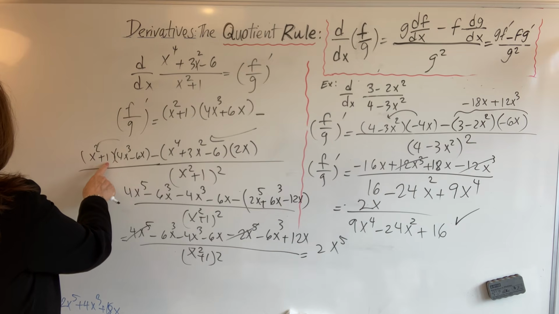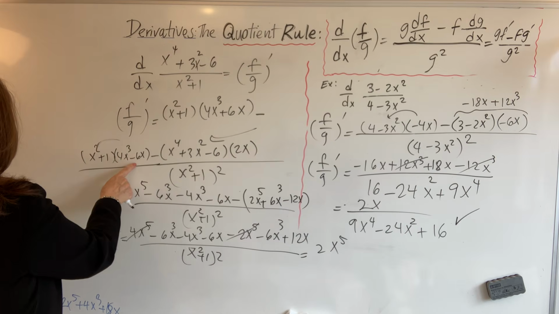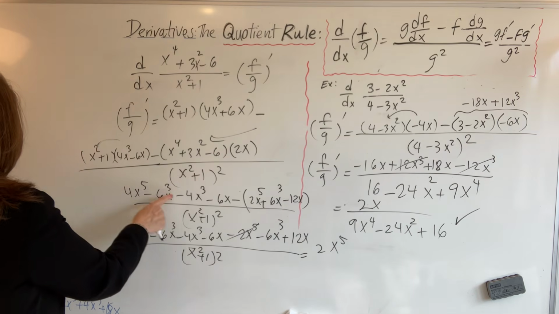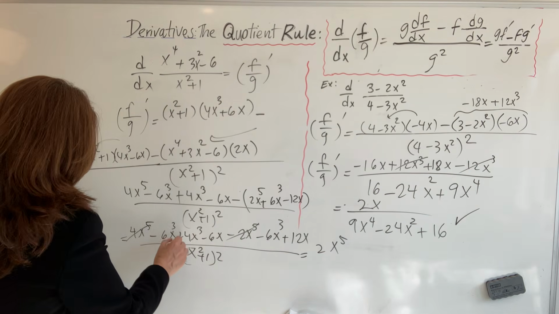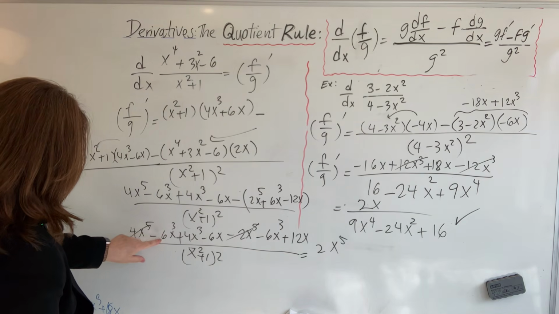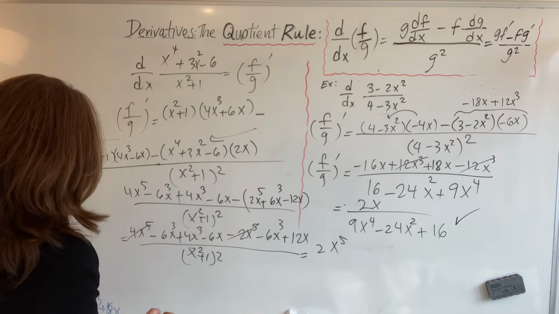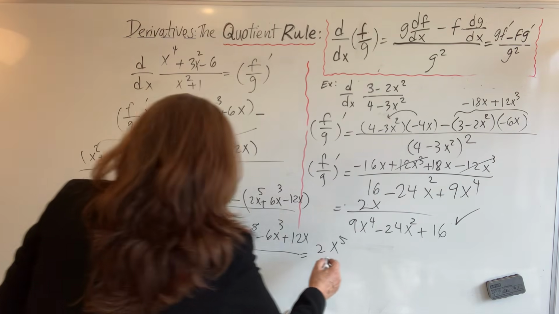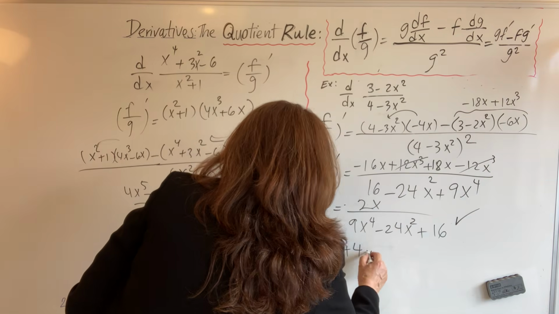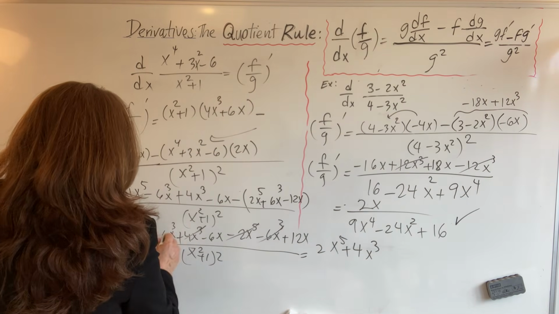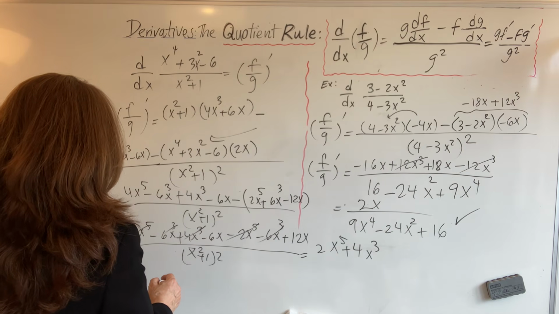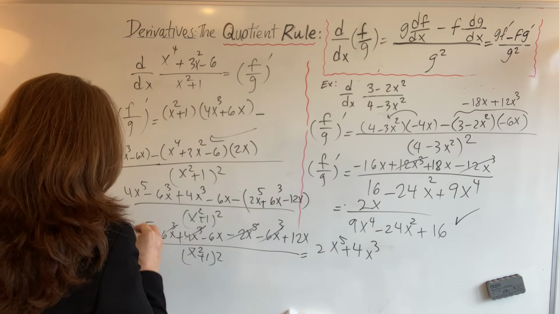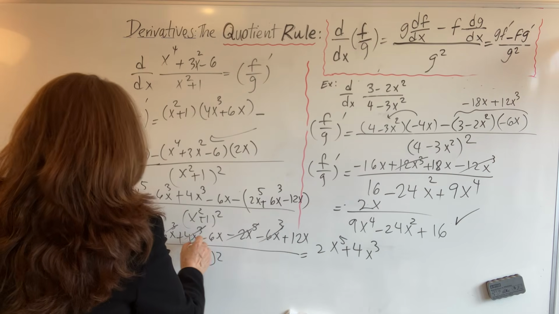To the 5th, this is to the 5th, this one negative, yes, this is positive actually, yes. Okay, this one is positive. This one plus this gets 4, yes, plus 4x to the third, and plus 18 actually. Must be positive too.